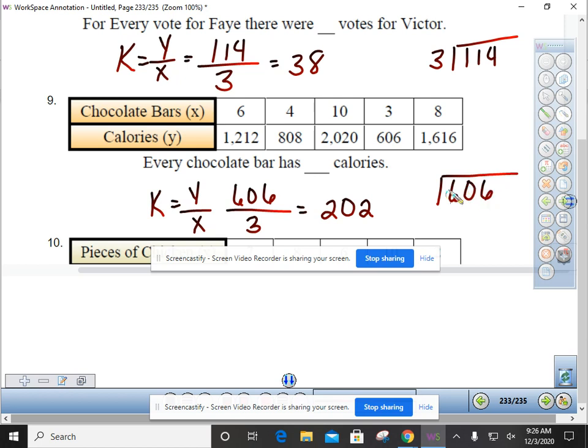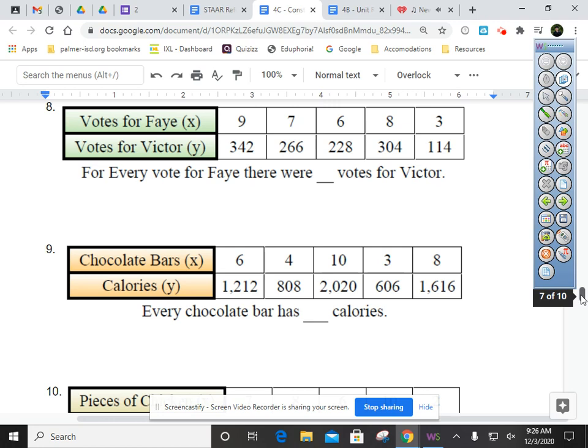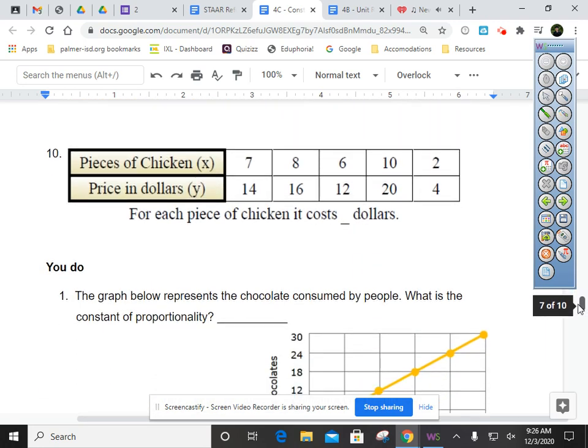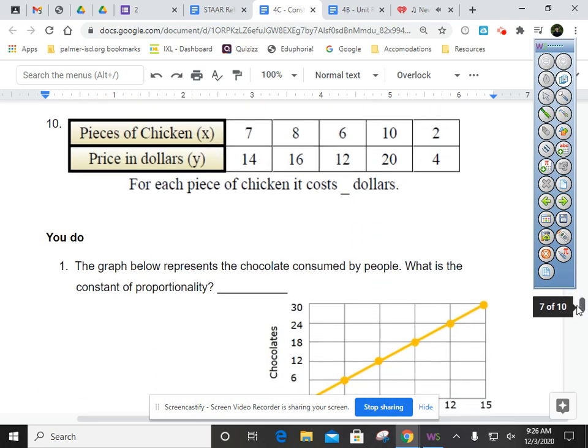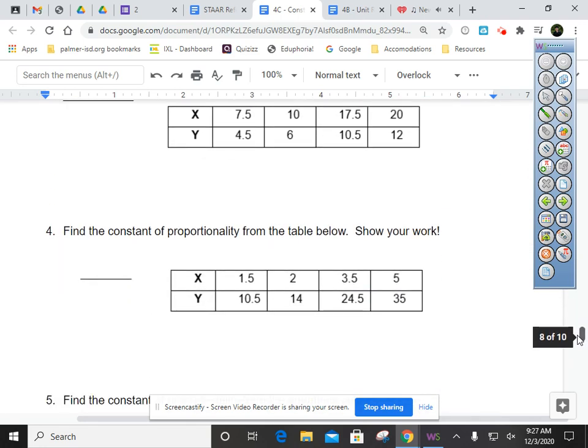Whoever said 22 needs to look at the board. 3 will not go into 0. Bring down the 6. Make sure you don't do that. So what is the constant on the pieces of chicken? 2. Awesome.